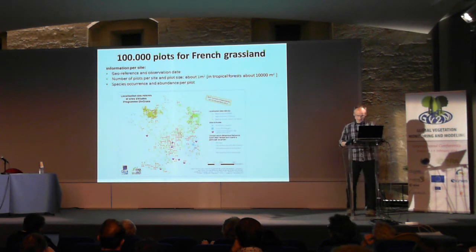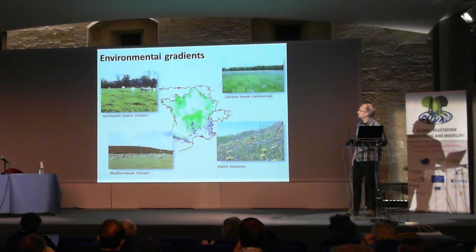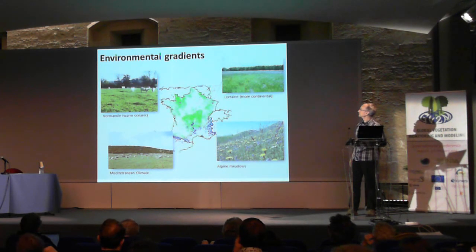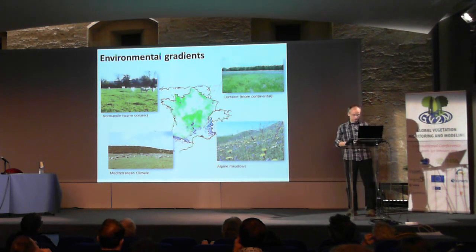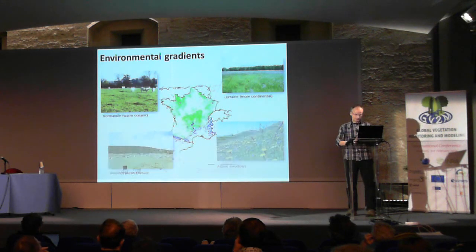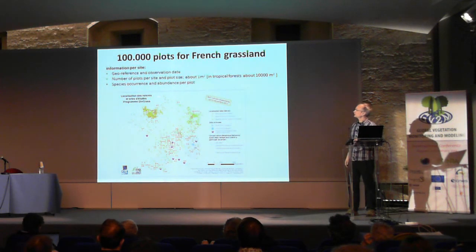Vegetation plots for grasslands would be 1 square meter, where all the different plant species are measured, with their abundance and species name.